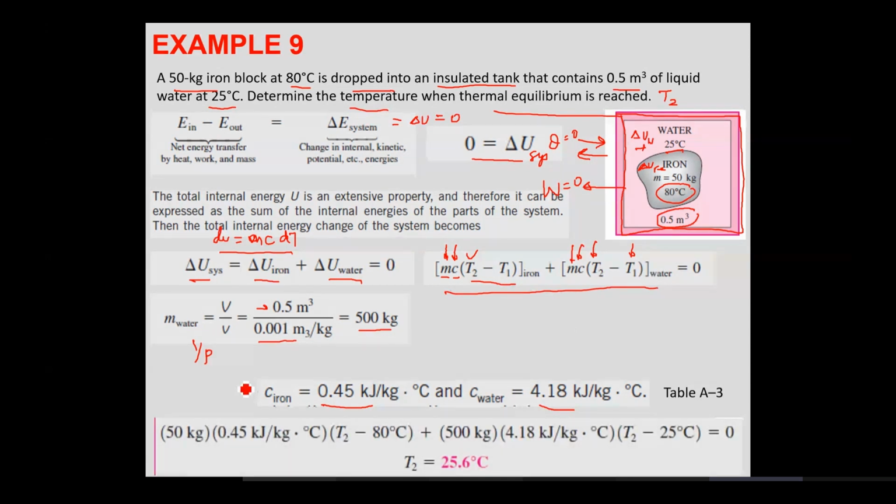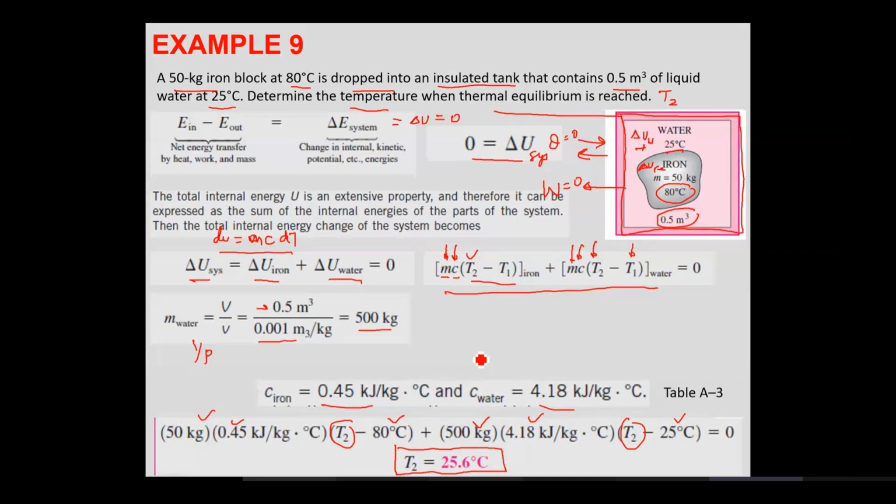Once we plug in the values, mass was known, C of iron was known, T2 was to be found out, T1 for iron is 80 degrees centigrade. Similarly mass for water is 500, C value is 4.18, T2 is the final equilibrium temperature, and T1 for water is 25 degrees centigrade. This gives you the final temperature as 25.6 degrees centigrade.